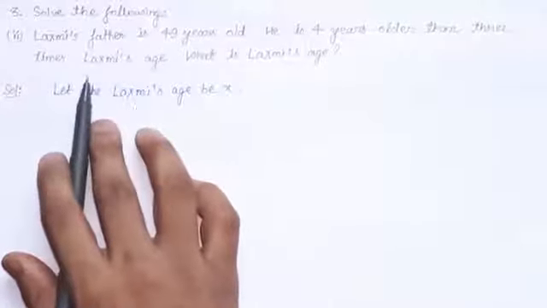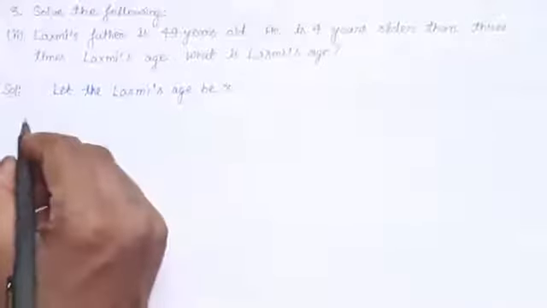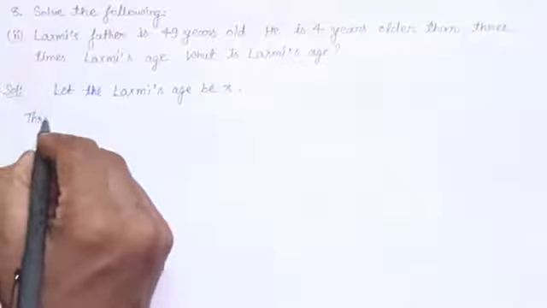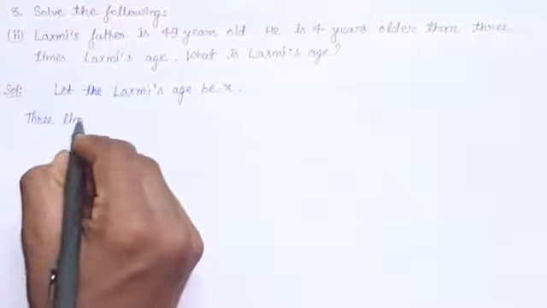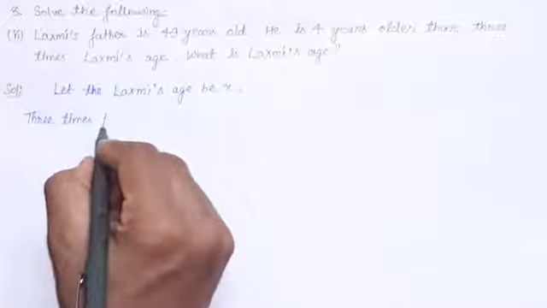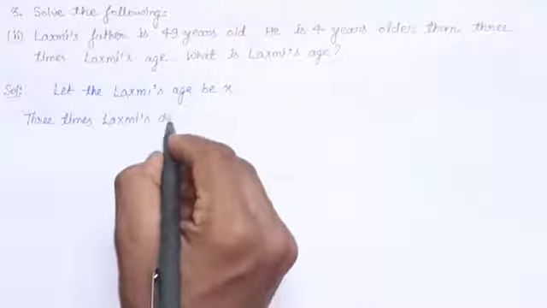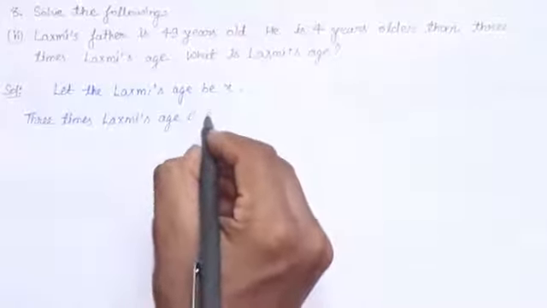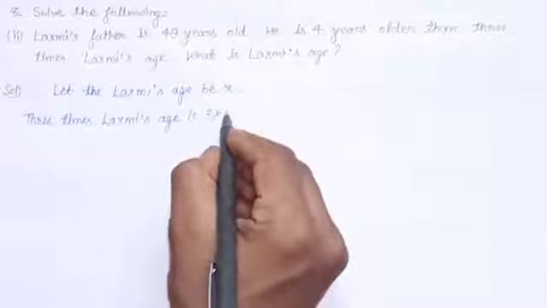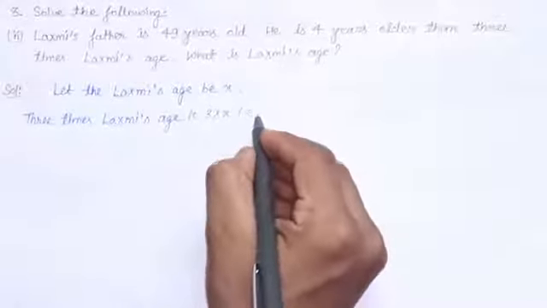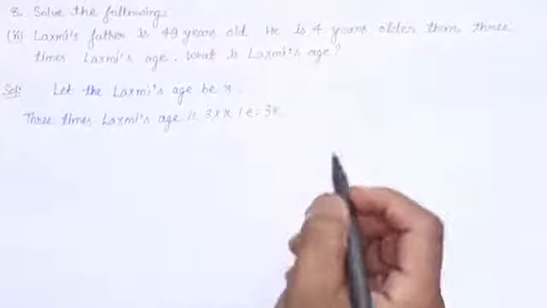So first we have to find 3 times Lakshmi's age. So 3 times Lakshmi's age is 3 into age of Lakshmi, x, that is 3x.